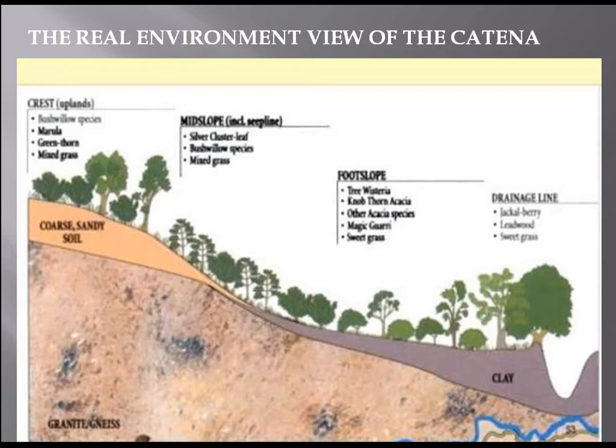Whereas the soil CATENA is the arrangement of soil from hilltop, different soil kind of patterns, to the valley. Mark that difference. It is very important because at the end of this lesson we'll have questions to answer. We move on.